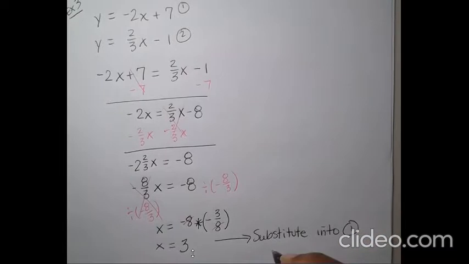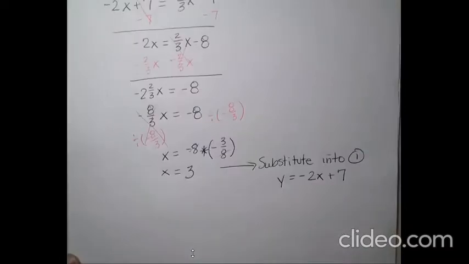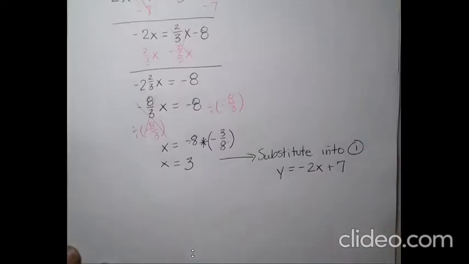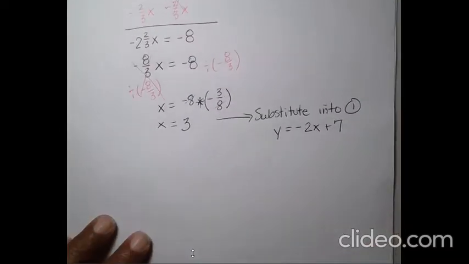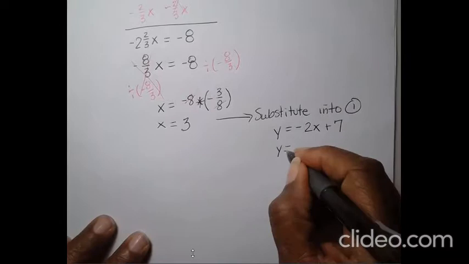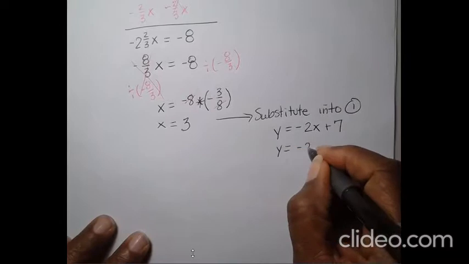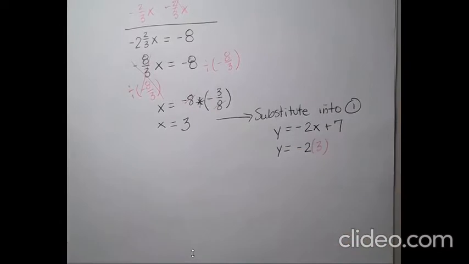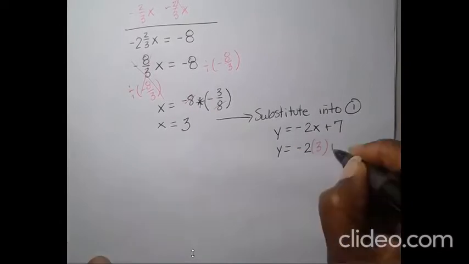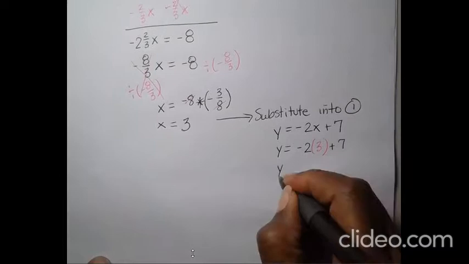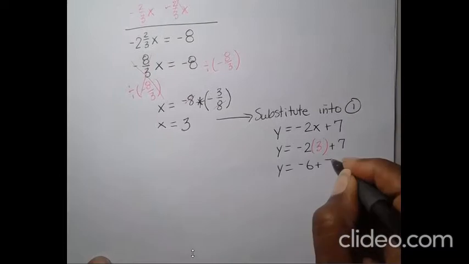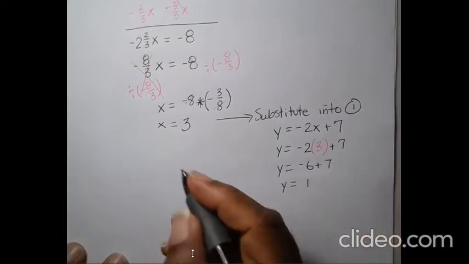Taking our x and putting it in there, y equals negative 2 times 3 plus 7. y equals negative 6 plus 7, so y equals 1. Our solution of this system of equations is 3 and 1.